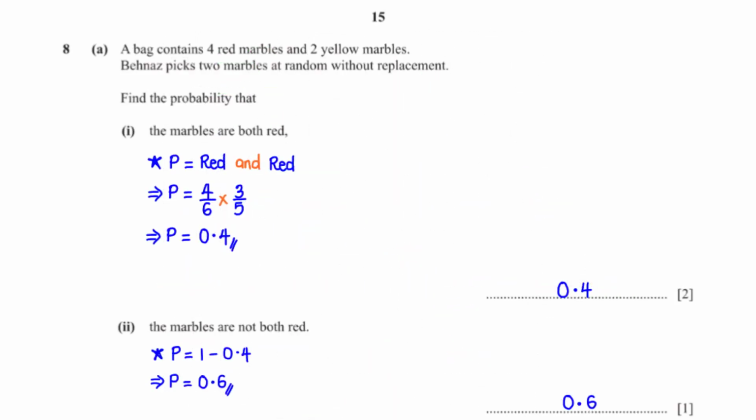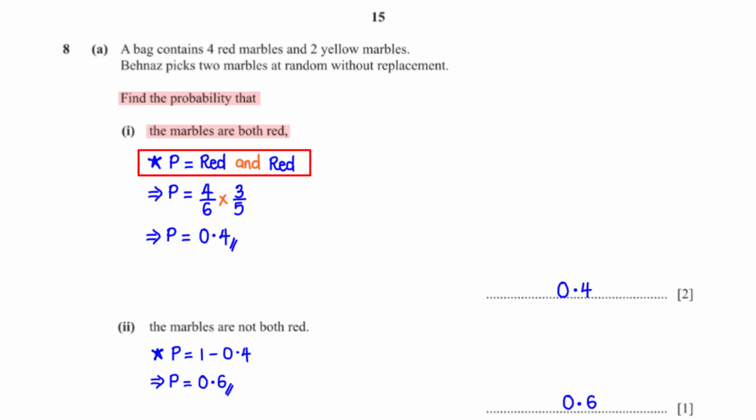A bag contains 4 red marbles and 2 yellow marbles. Bernas picks 2 marbles at random without replacement. Find the probability that the marbles are both red. This means we are finding the probability that the first marble picked is red and the second marble picked is also red.